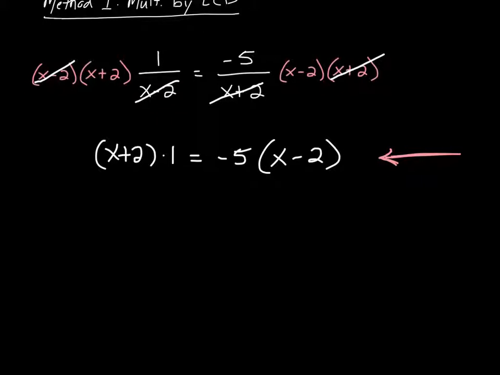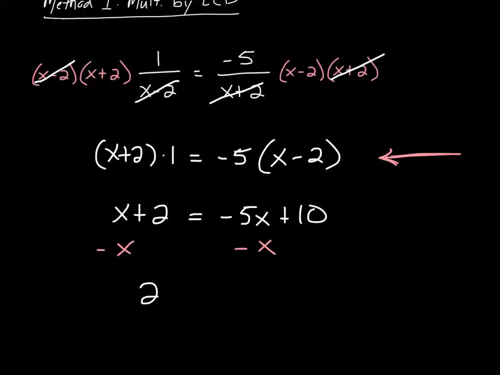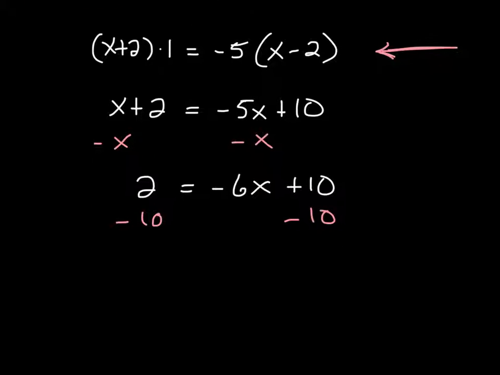Now we solve this linear equation by distributing the 1 through to get an x plus 2 on the left hand side, distributing a negative 5 through on the right hand side, and then we solve this like we would any linear equation, consolidating our variables, and finally solving for x.